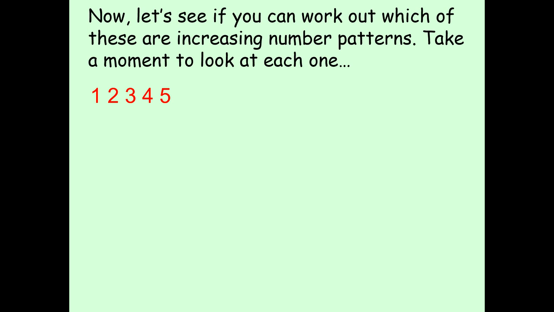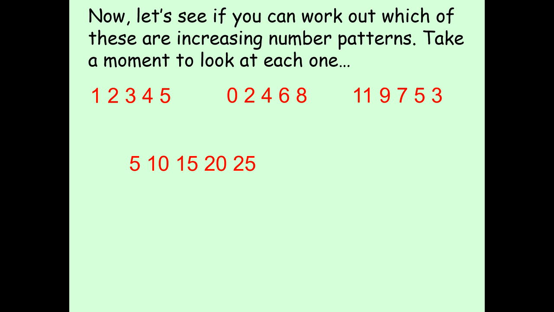Here's the first one. 1, 2, 3, 4, 5. Second one. 0, 2, 4, 6, 8. The next one. 11, 9, 7, 5, 3. Here we have 5, 10, 15, 20, 25. Here we have 10, 20, 35, 40, 55.